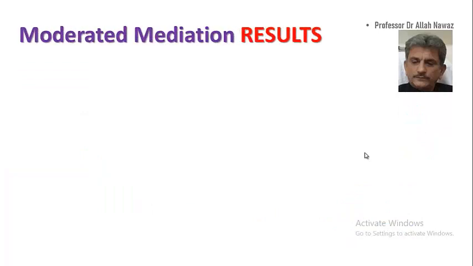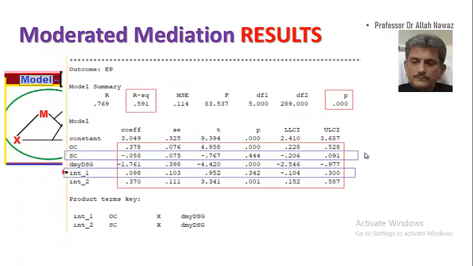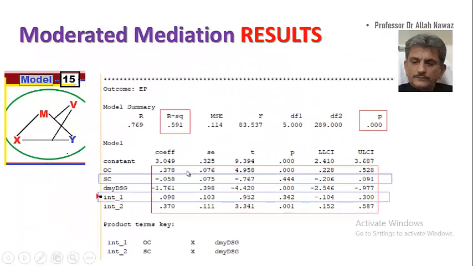The second output from the process is about the impacts of all the variables on employee performance: impacts of X on Y, M on Y, and the interaction of M and designation.